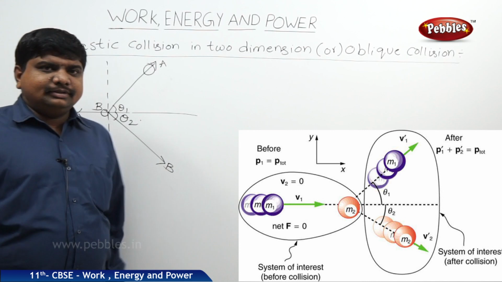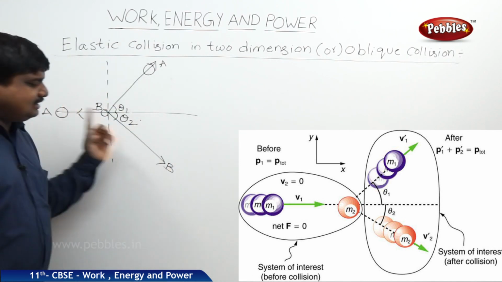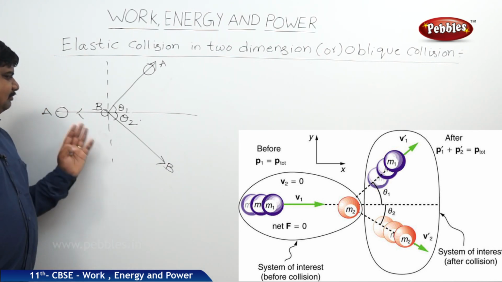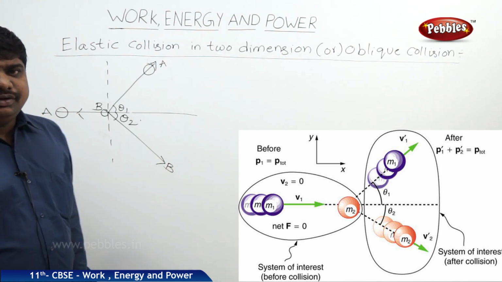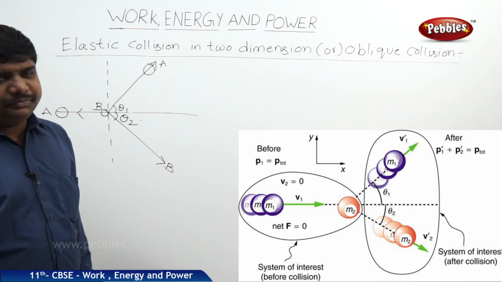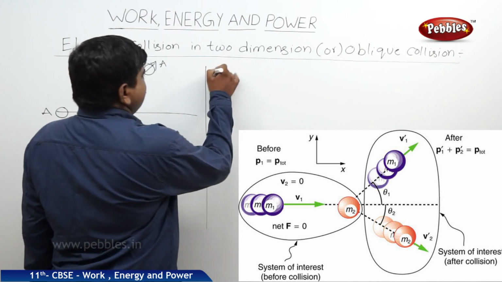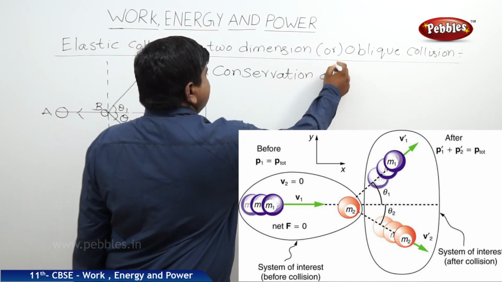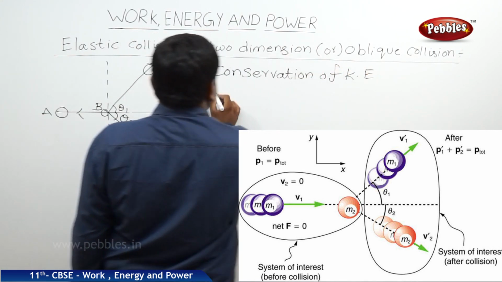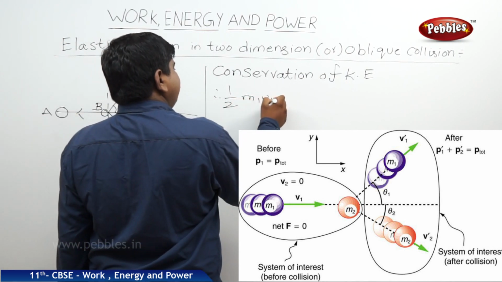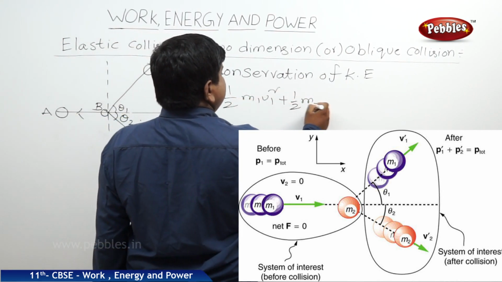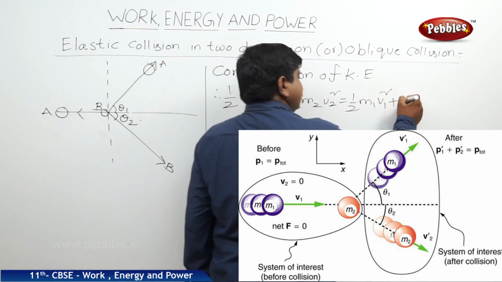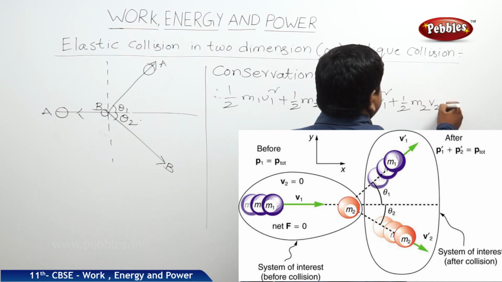In this case, we should find out the momentum along the x-axis as well as the y-axis. The momentum along the x-axis is with the velocities u1 and u2, and along the y-axis with v1 and v2. So, conservation of KE: half m1 u1 square plus half m2 u2 square is equal to half m1 v1 square plus half m2 v2 square.